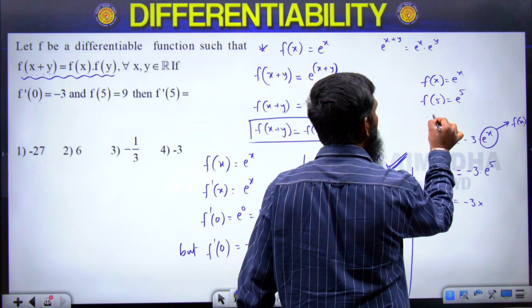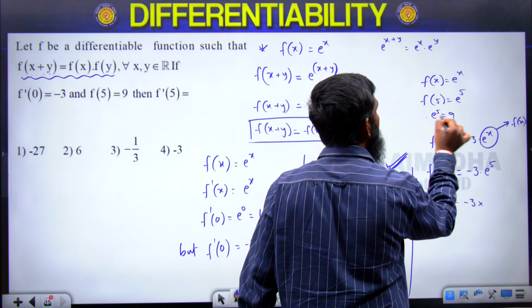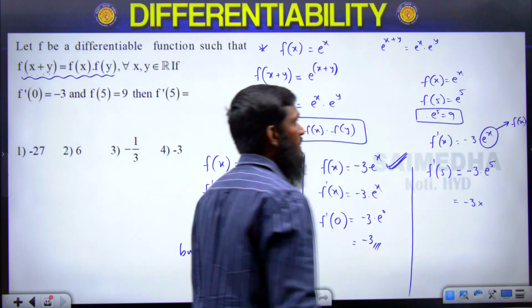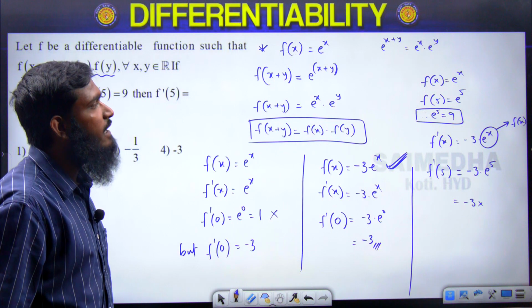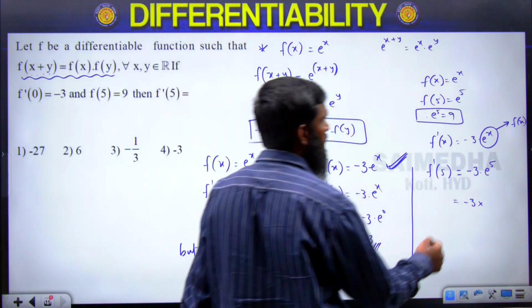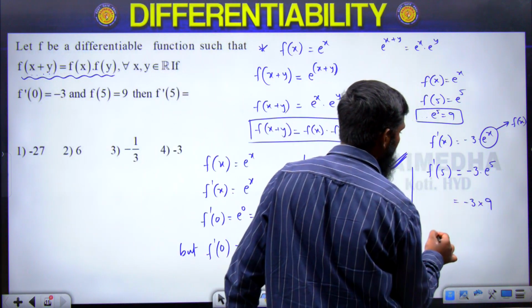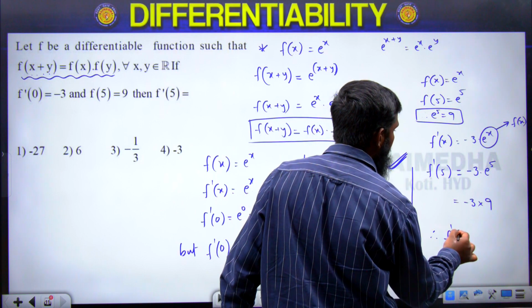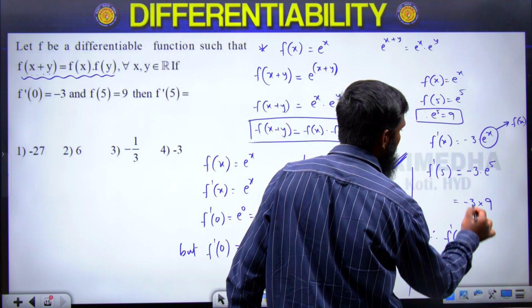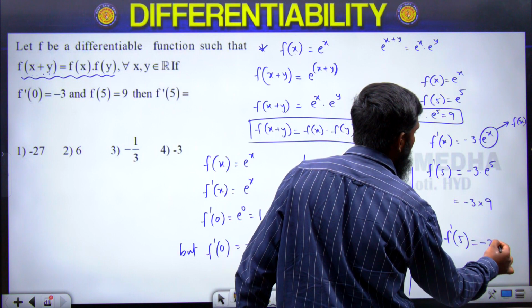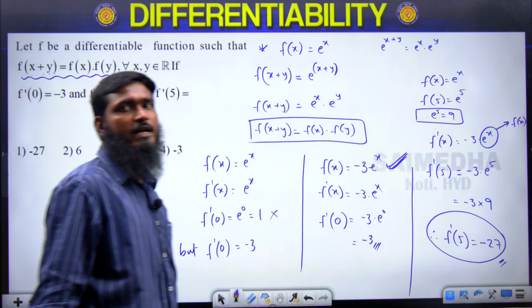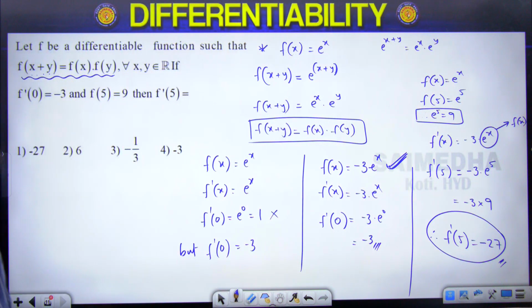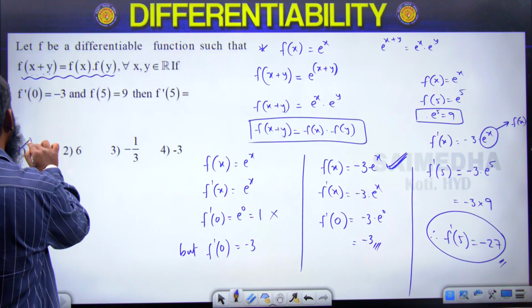So therefore e^π is equal to 9. Let us substitute that here. So f'(π) is equal to -3 times 9, which is -27. So the final answer is -27, which means option 1 is correct.